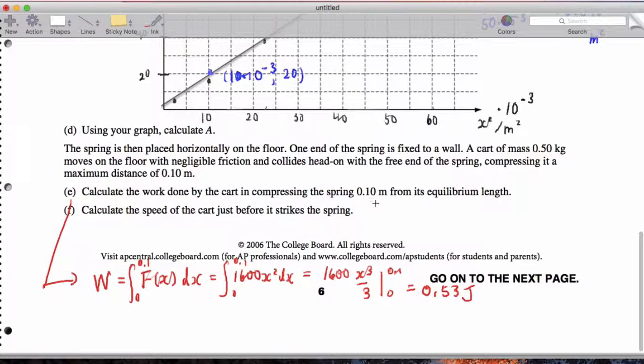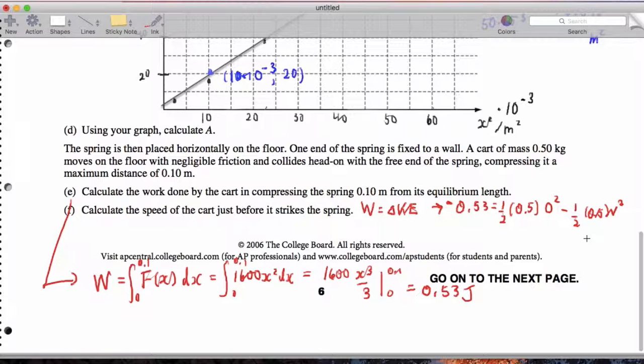Now I can use that to get the speed because I can use the work-kinetic energy theorem. So I know that work is the change in kinetic energy. So that means 0.53 equals, and that's going to be negative work since it slows us down, 1/2 times 0.5, which is the mass, times 0 squared minus 1/2 times 0.5 times v squared.